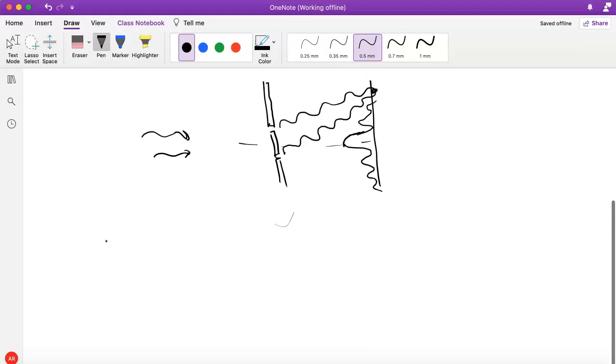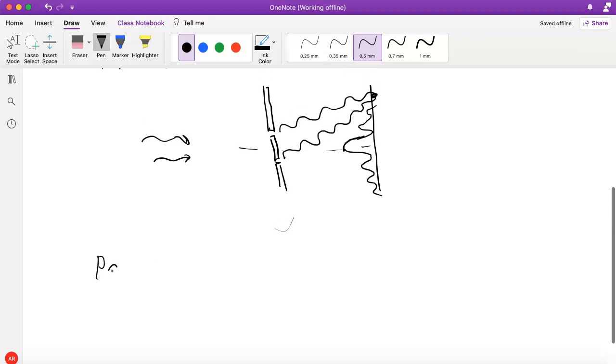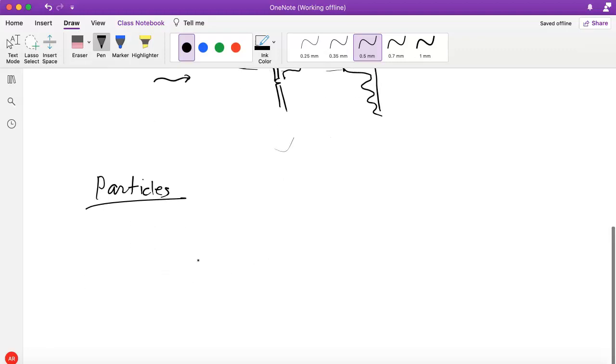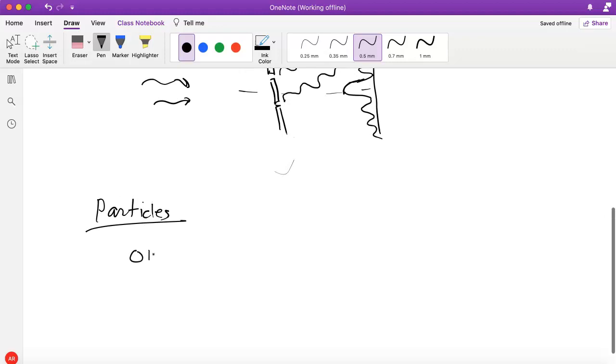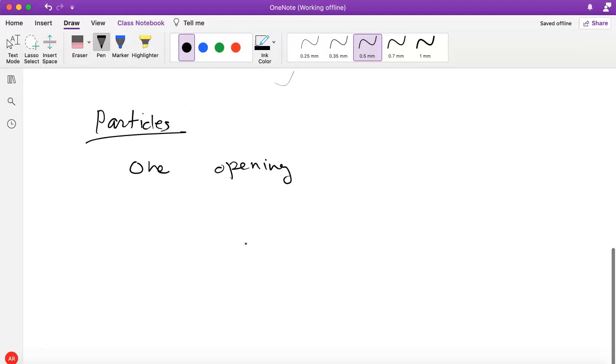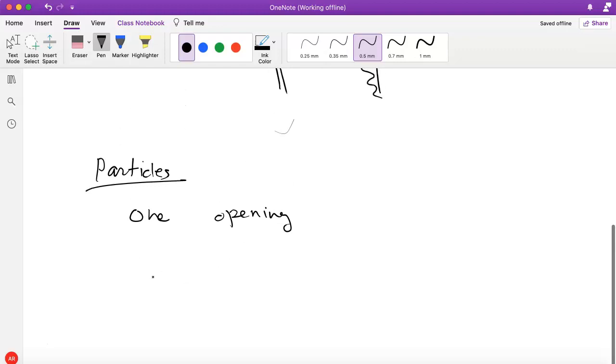Let's think about playing a similar game for particles. Let's say we have one opening. Imagine you're here and you have these particles and you throw them toward an opening in a wall.